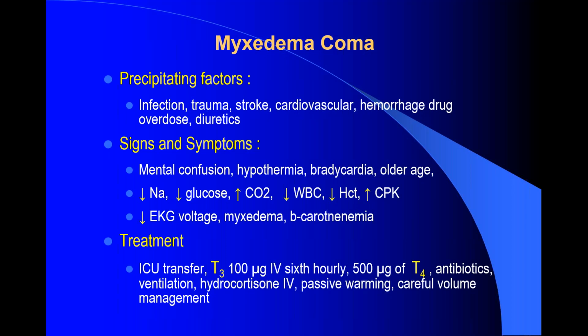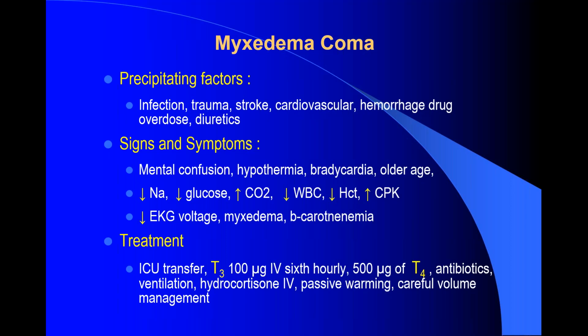Then you can also be asked about myxedema, in which, in short, the precipitating factors are infections, trauma, stroke, cardiovascular causes, drug overdoses, and diuretics. Signs and symptoms will include mental confusion, hypothermia, bradycardia, and older age. Sodium and glucose may be low, and CO2 might be increased because of hypoventilation.